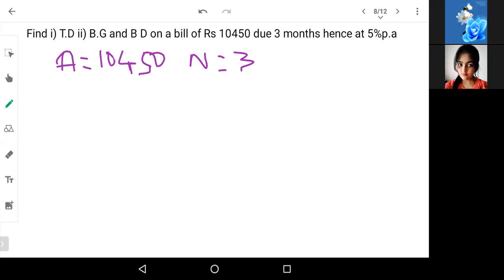So what you should do, you should divide it by 12, because we have to convert everything to year. Don't consider in months or days directly. Fine. And rate of interest is 5%. Now calculate the values. You can take this as 0.25. Say me what will be the true discount here.